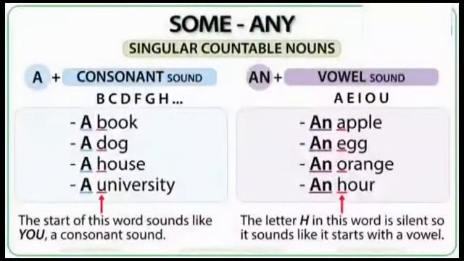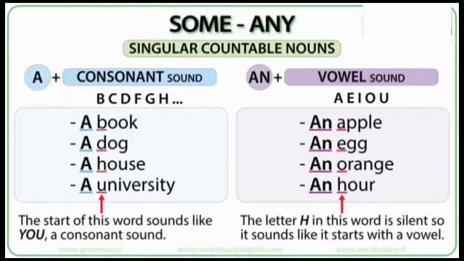Before a singular countable noun, we can use a or an, which are both indefinite articles. A is used when the next word starts with a consonant sound: a dog, a house, a university.